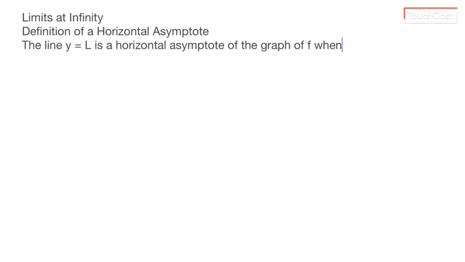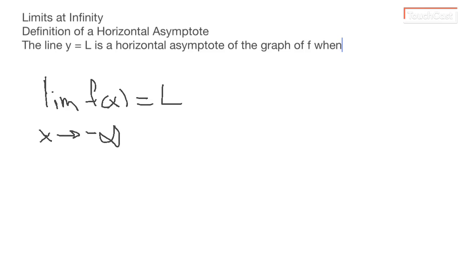So the first thing that can happen is the limit of f of x as x approaches negative infinity is equal to L. That's one case where y equals L is a horizontal asymptote.